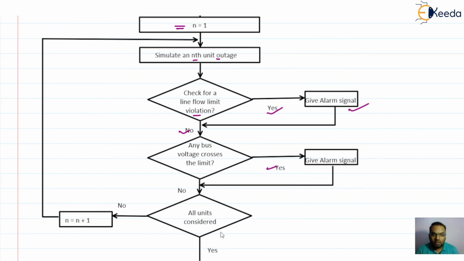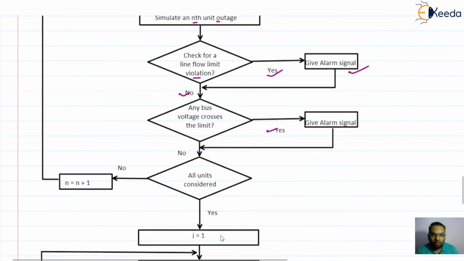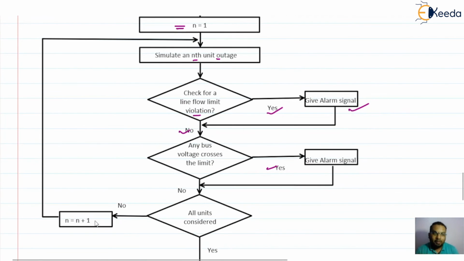Just check, have we considered all the units? If yes, then we can go down. If no, repeat this loop and go for the next unit. This way we can consider all the units. One by one we will consider the outage of all the units, and we will see the outage of which unit will cause the line flow limit violation or voltage violation, and accordingly we can give the alarm signal.